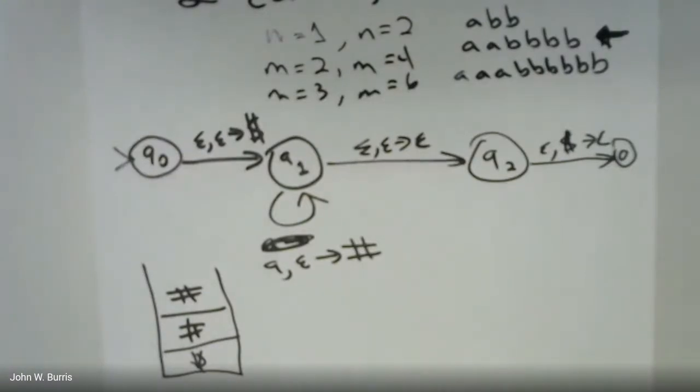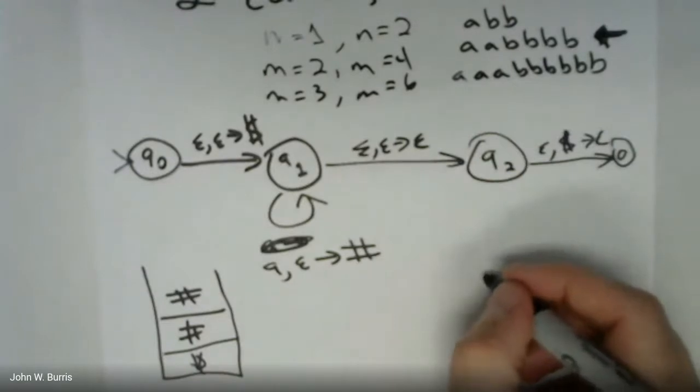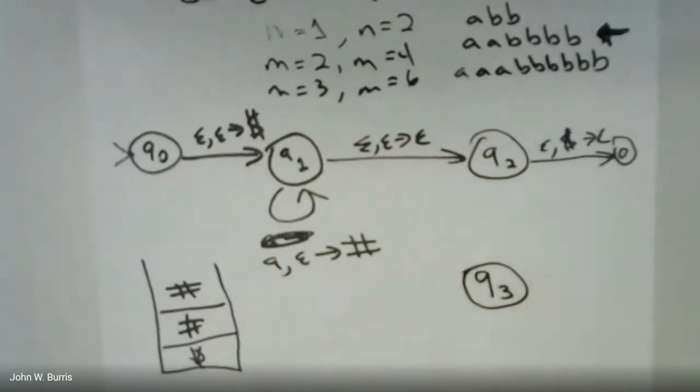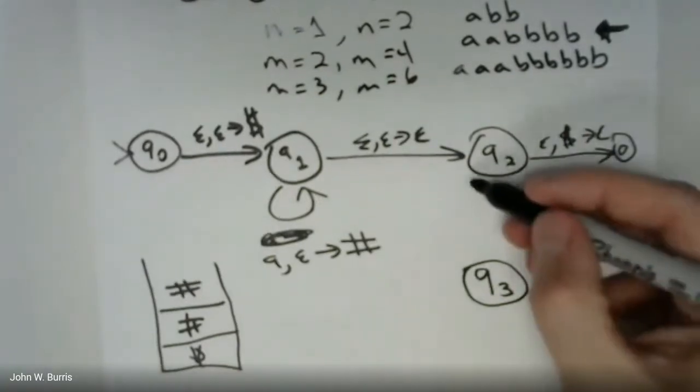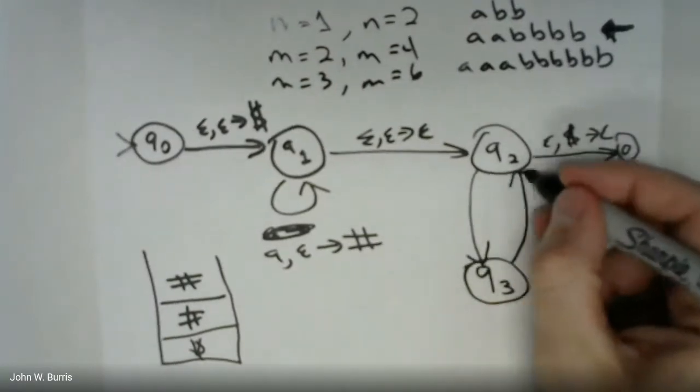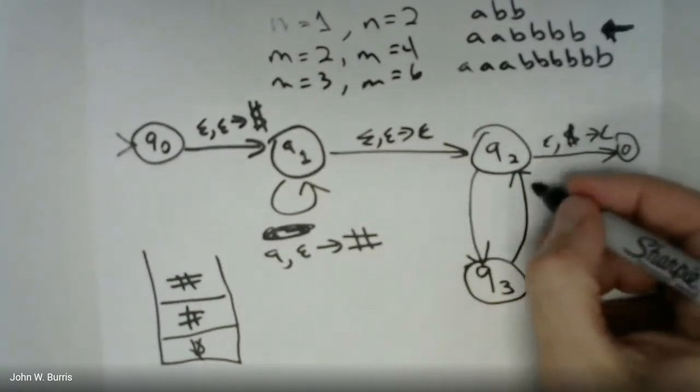So how can I use the stack to force, essentially, doubles here? I'm going to give you a hint. What if we read in a B and read in a B? Now this is our even, right?